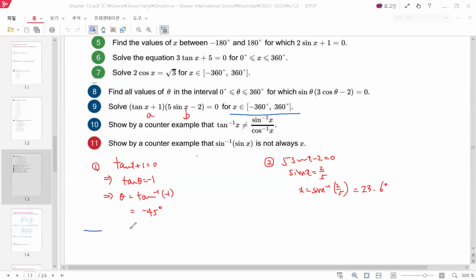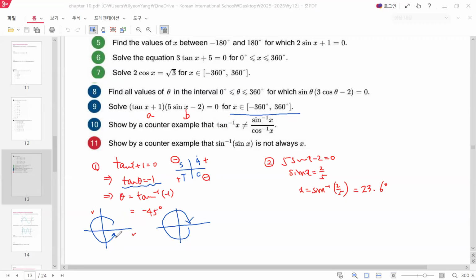So it means the positive direction, 1 full turn, and the negative direction, 1 full turn. Do you understand? Since the tangent value is negative, by using the CAS rule, tangent is positive here, but our tangent value is negative. So you need to find angles on the second quadrant and angles on the fourth quadrant.